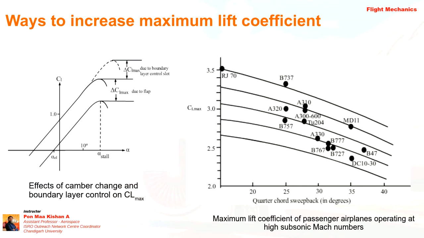Everyone knows the swept back wing, where there will be an angle delta, the swept back angle. Quarter chord means, let's say this is the mean chord C dash, one-fourth of the chord. That is the quarter chord.